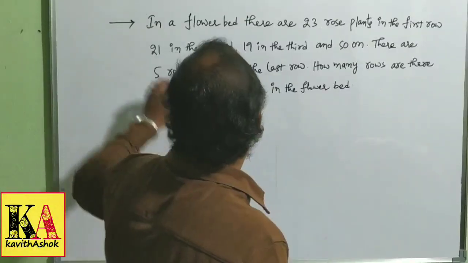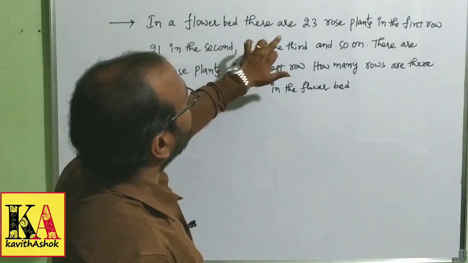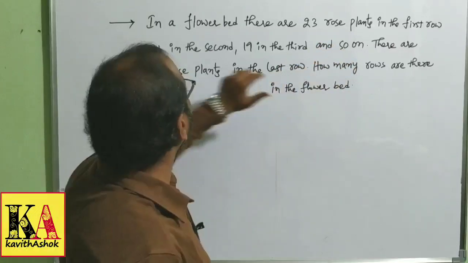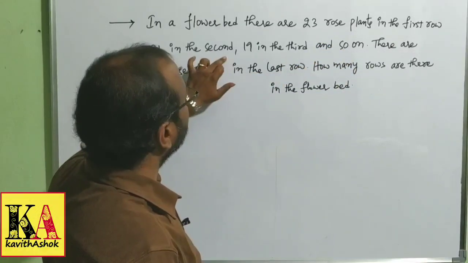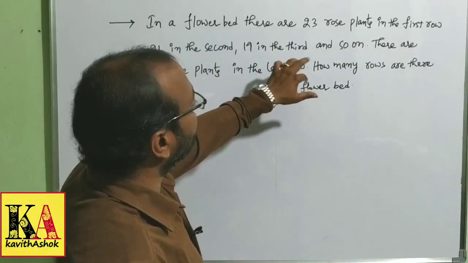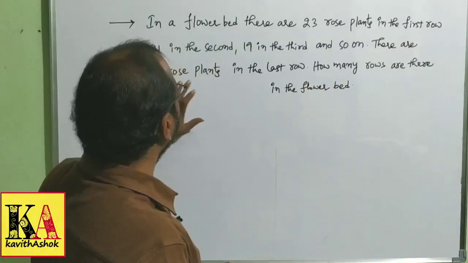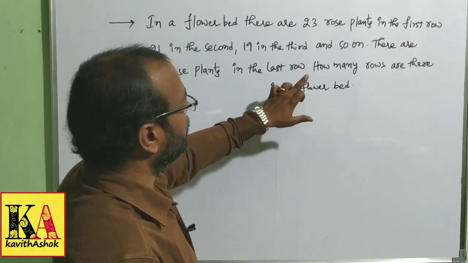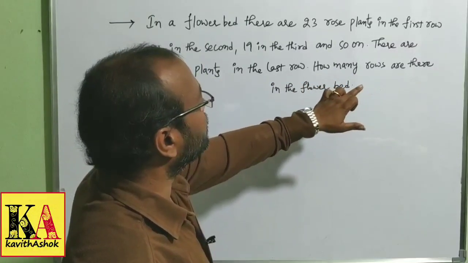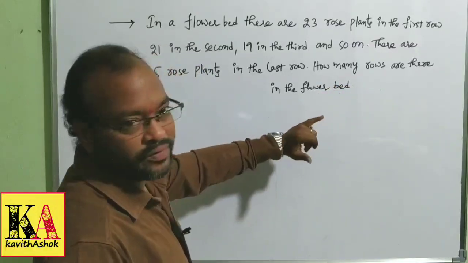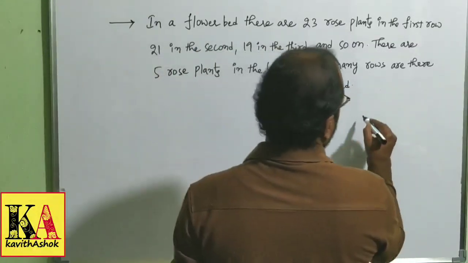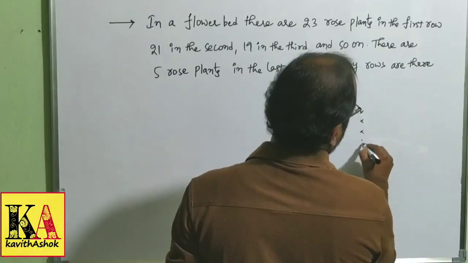In a flower bed, there are 23 rose plants in the first row, 21 in the second, 19 in the third, and so on. There are 5 rose plants in the last row. How many rows are there in the flower bed? Look here: the rows are arranged like this.